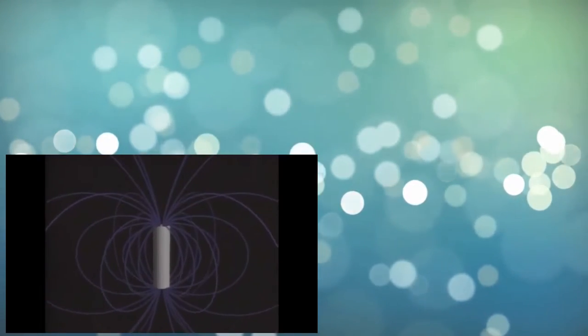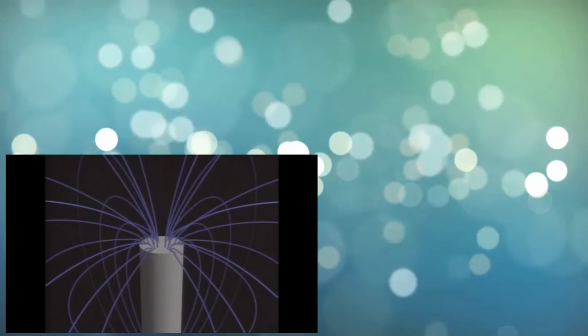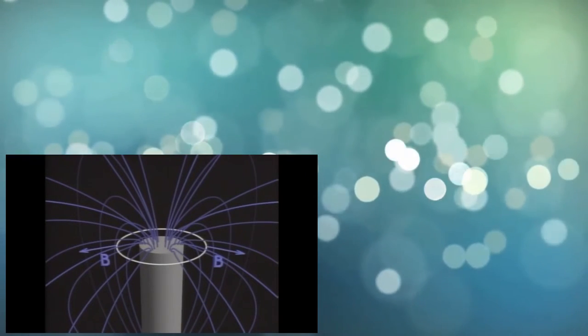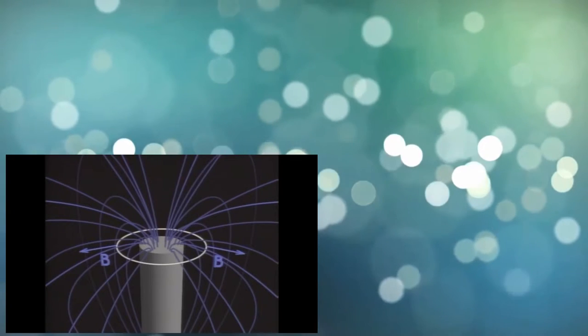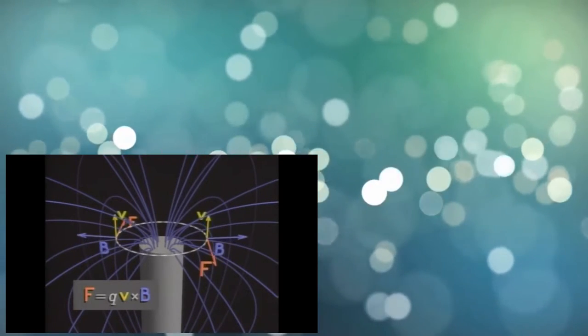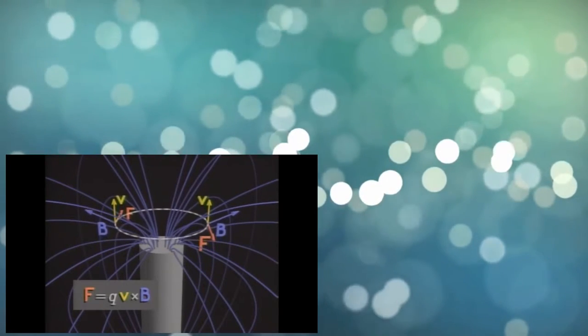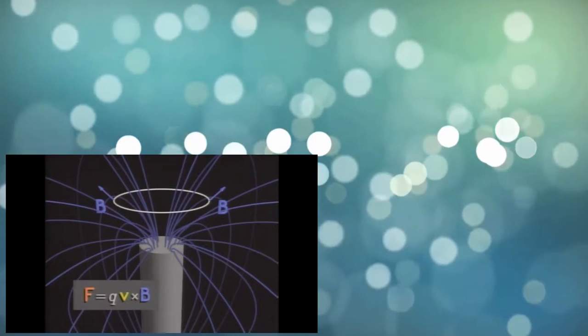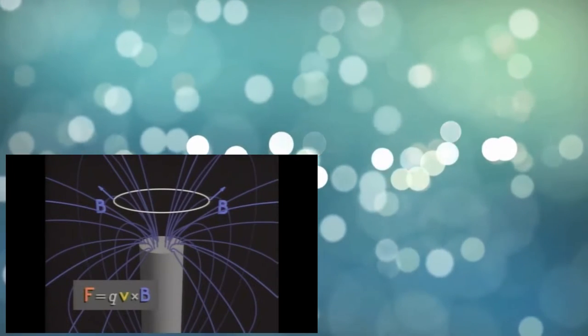But the field of a bar magnet can be perpendicular at every point to a circular loop of wire. So, moving the loop creates a force that drives a current all the way around the loop. The current flows one way if the loop moves upward, and the other way if the loop moves downward.